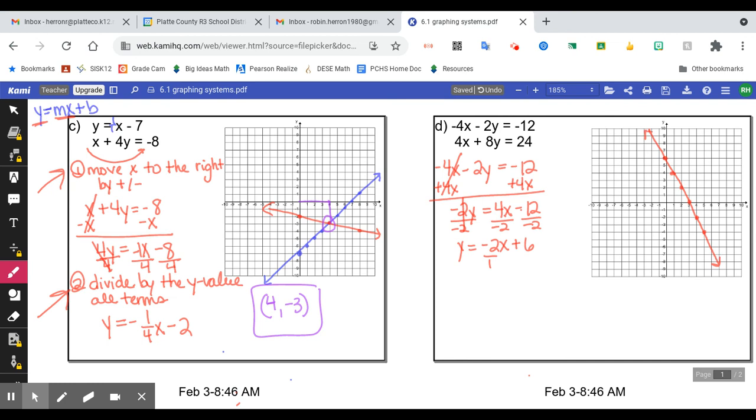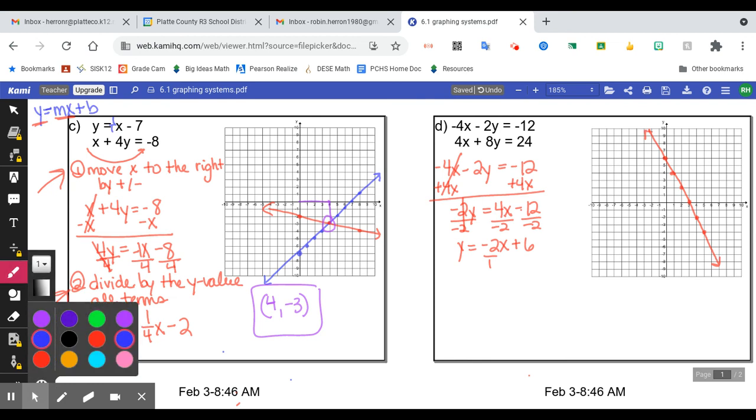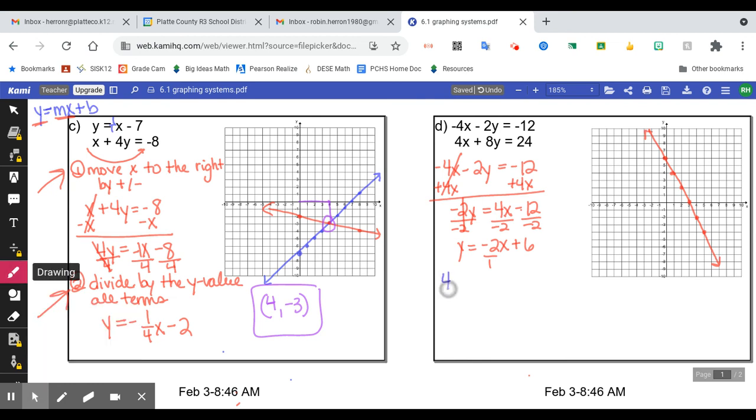Okay. Now let's do the other one. We've got 4x plus 8y equals 24. I've got to move my x by subtracting it because it's a positive. Now I have 8y equals negative 4x plus 24. Second step, divide by the y.